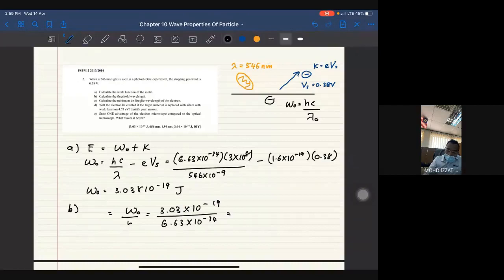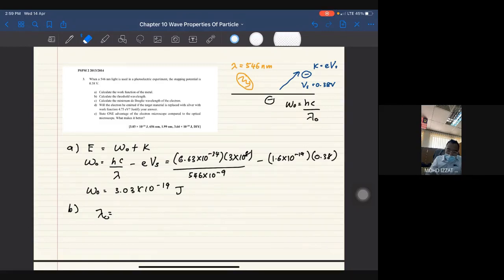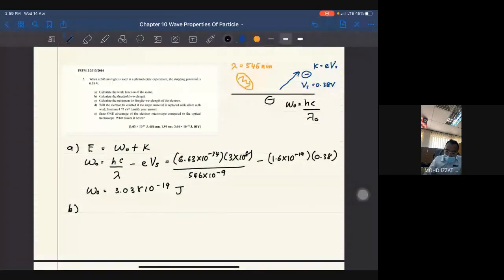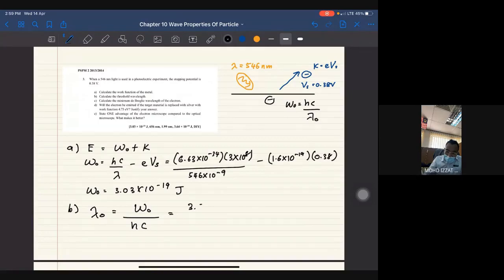Lambda naught is equal to, I'm going to bring the lambda naught over here and bring down the W naught. It will be hc over W naught. Cepat balik semua. Okay, my mistake. Now it becomes 3.03 times 10 negative 19. 6.63 times 10 negative 34. Okay, and then you have c. Jangan letak sini 3.15 pula.